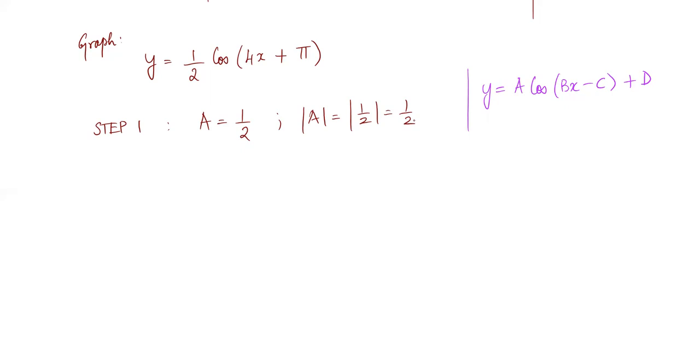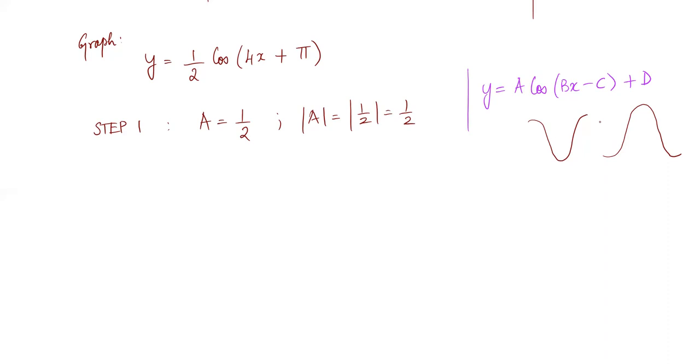And a equals positive half tells you that you are going to go up first, right? So you're going to start from the top. Now this is a cosine function, so you expect your graph to look like a V if it is in the standard form, if your a is positive. And if your a is negative, then it's going to be the inverted form, right? You start from the low point, go up, and then come down low. If it's a standard form, you start from the high point, go down, and come back high.